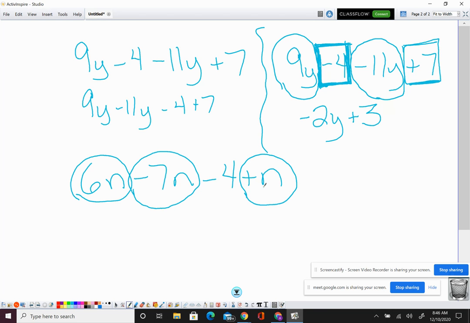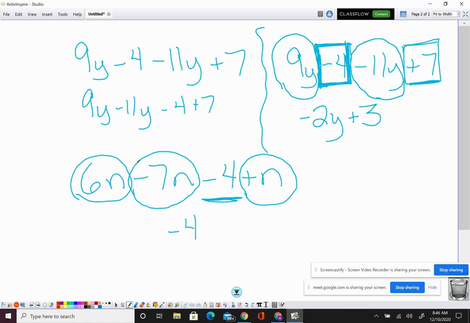And then I have a +1n. So a -1n and a +1n, I end up with 0. So those all cancel out. What else am I left with here? That all simplifies down to -4. Does that make sense?